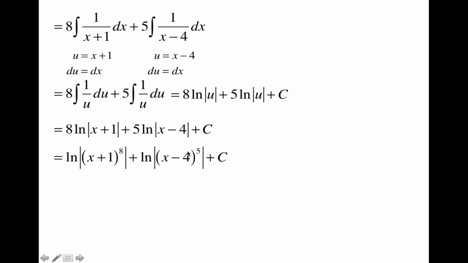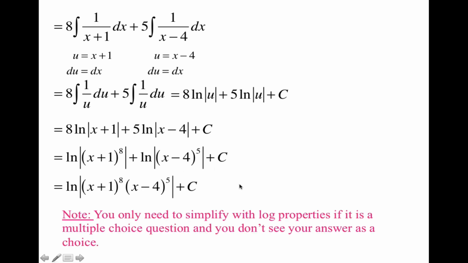So I get the following. Doing that, if that still doesn't give you an answer, we have the log property that when you are adding two logs with the same base, that means that the arguments are multiplying in one log. So we now have this. So just keep in mind that you only need to simplify if it's a multiple choice question.